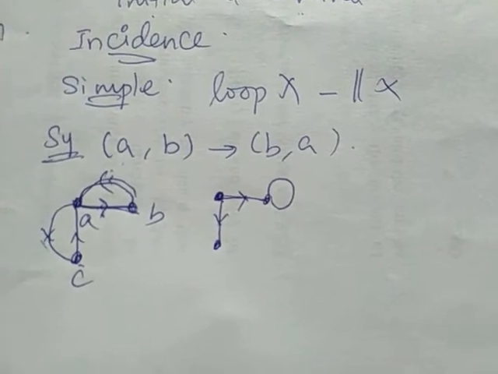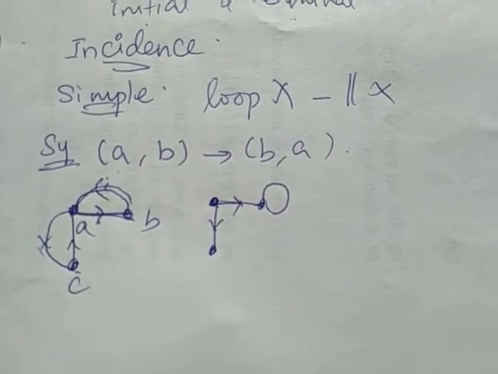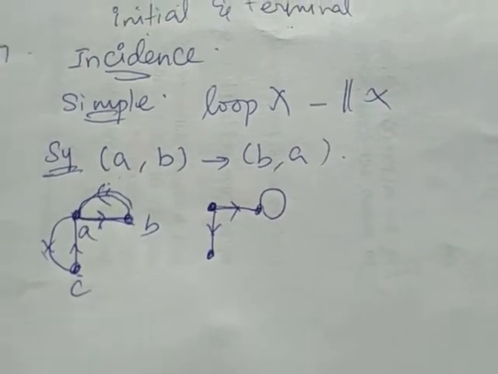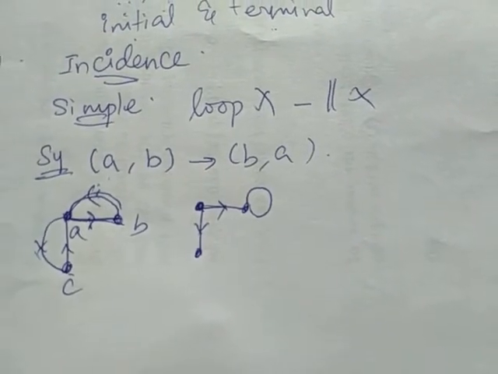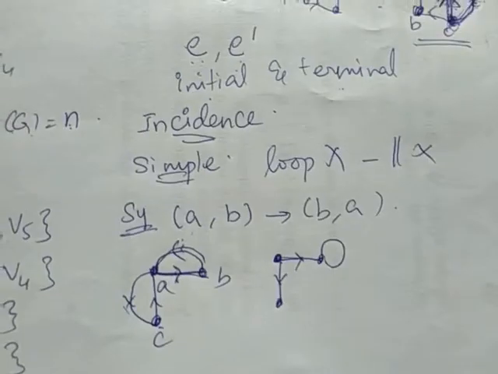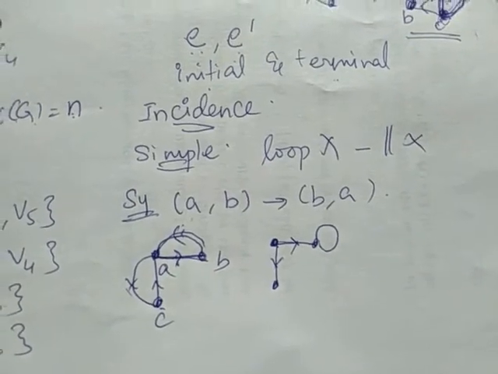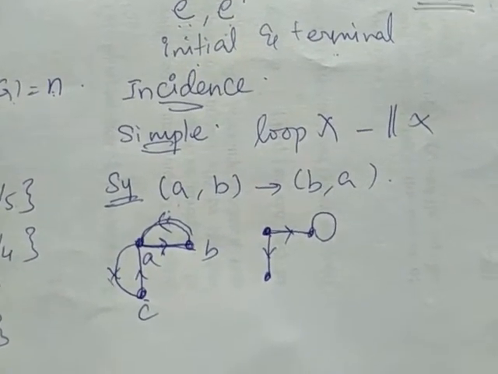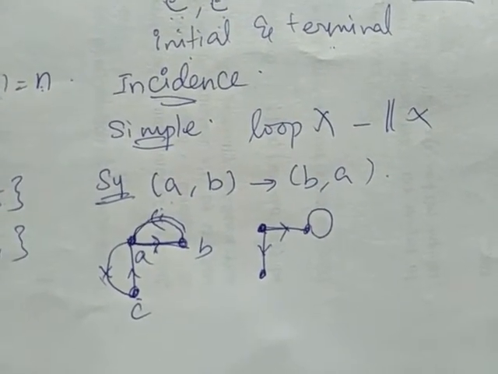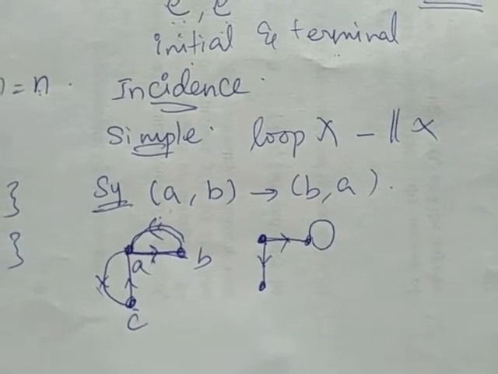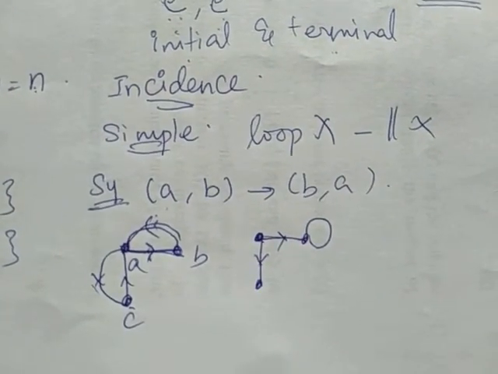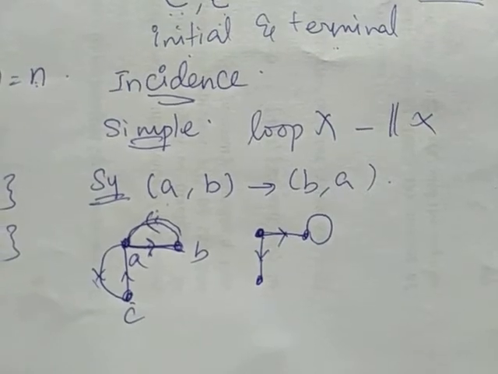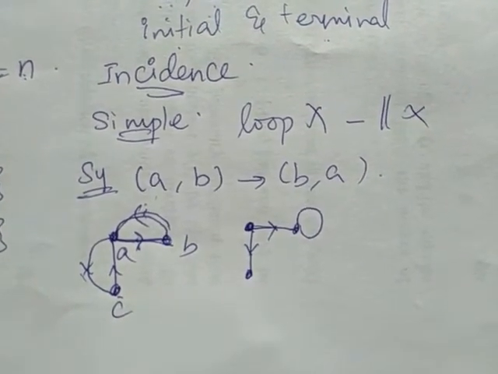Next one, isomorphic digraph. Two directed graphs are said to be isomorphic to each other if they have identical behavior in terms of graph properties. It means two graphs should have identical properties.